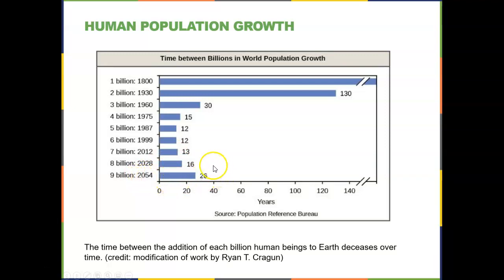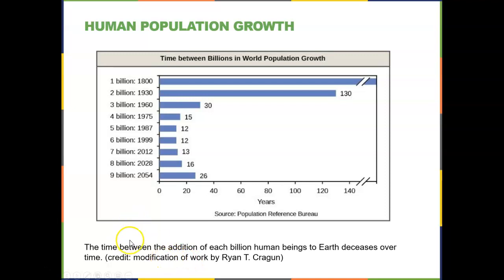So what's happening here? And why do we see that the prediction is going up a little bit? Is it because resources are becoming more limited? Is it because we're reaching our carrying capacity? And so this is something to consider as we are looking at this population increase across the world.